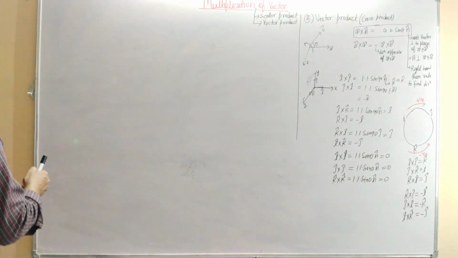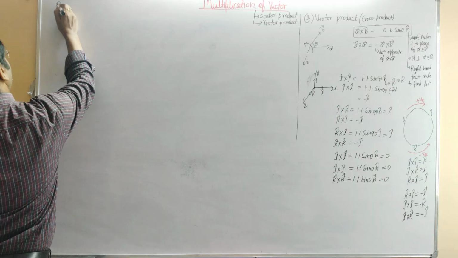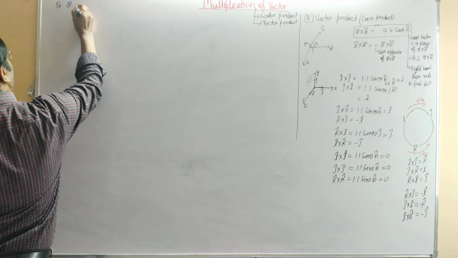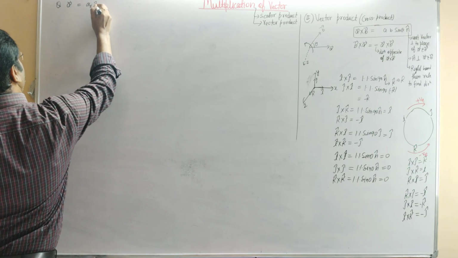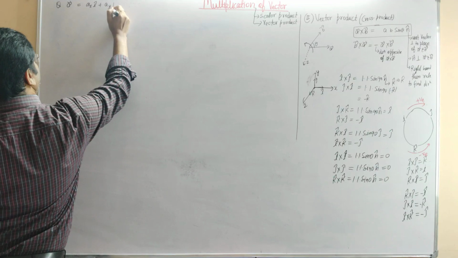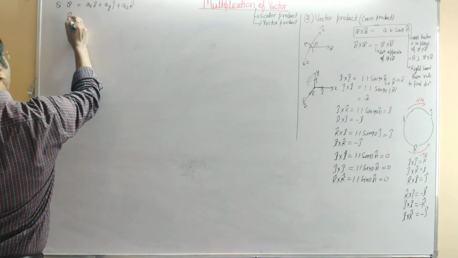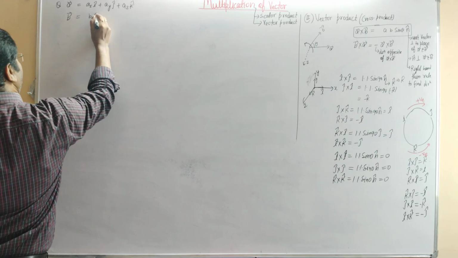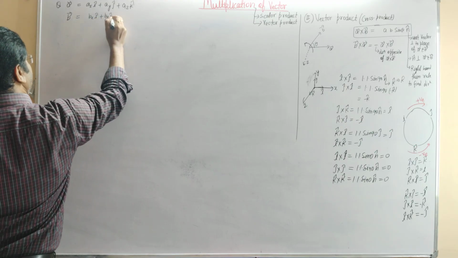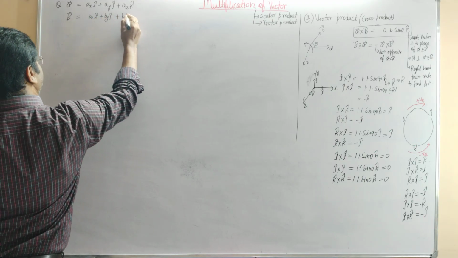So here I will take two vectors in 3D form. This is vector A equal to Ax i cap plus Ay j cap plus Az k cap. Another vector B, I will take Bx i cap plus By j cap plus Bz k cap.